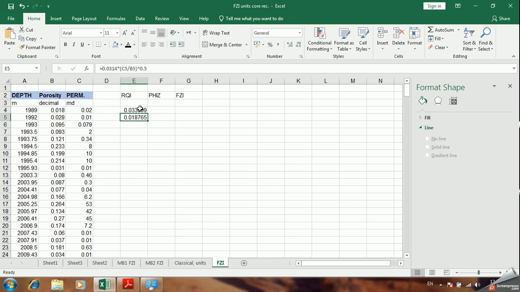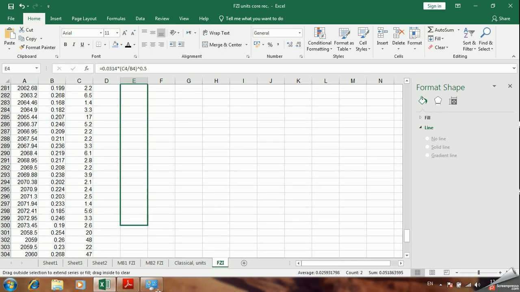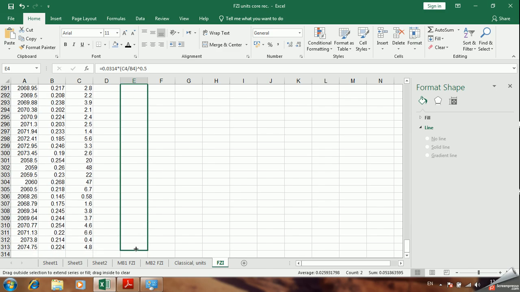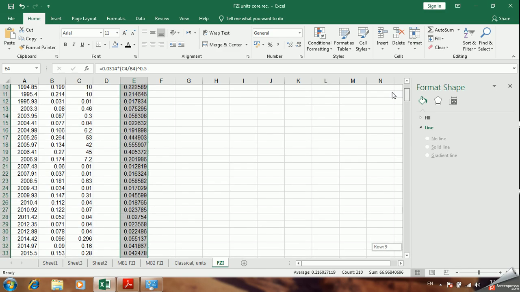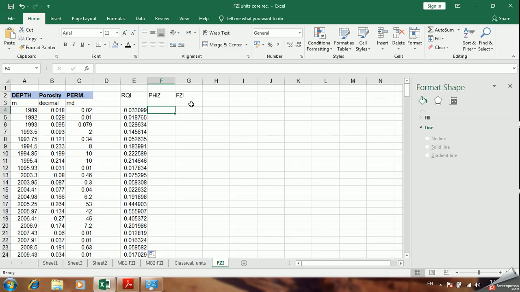Easily we can find the reservoir quality index for the other cells, depending on what we have done for the first two cells. And phi z is the normalization of the porosity, so it is the porosity over 1 minus porosity.